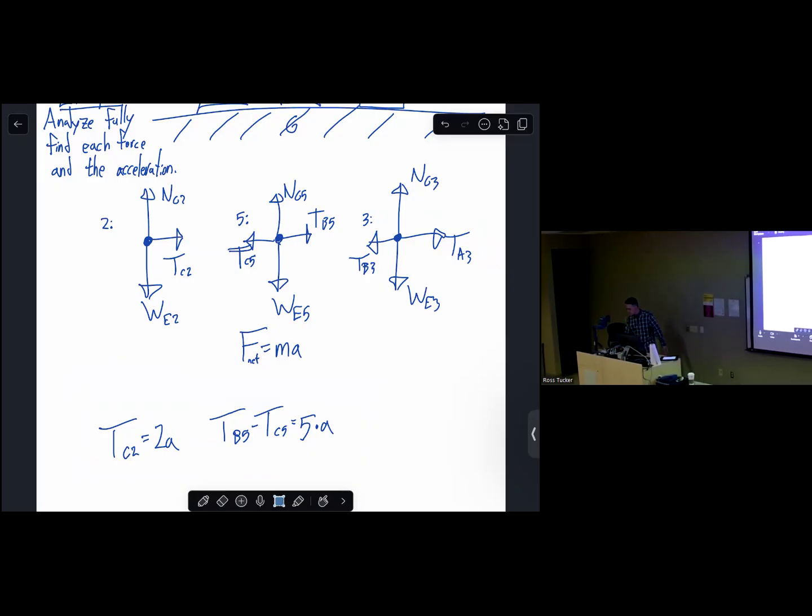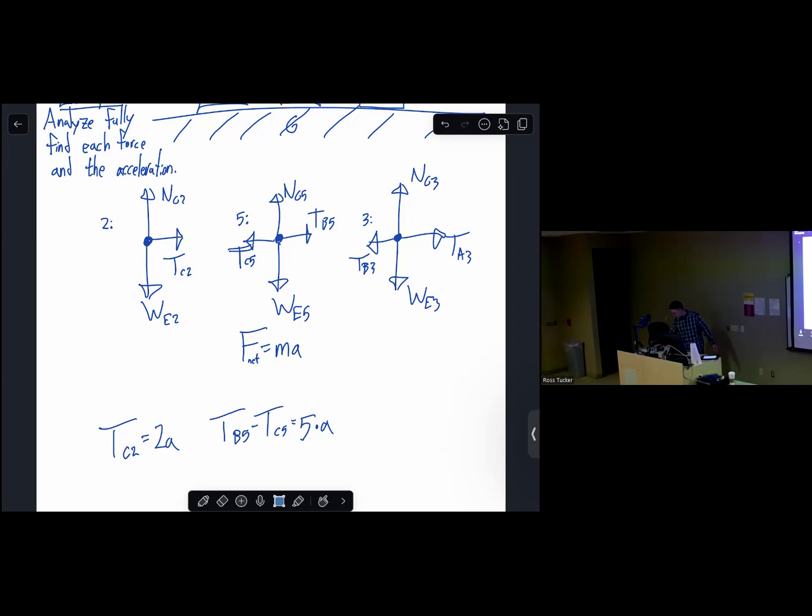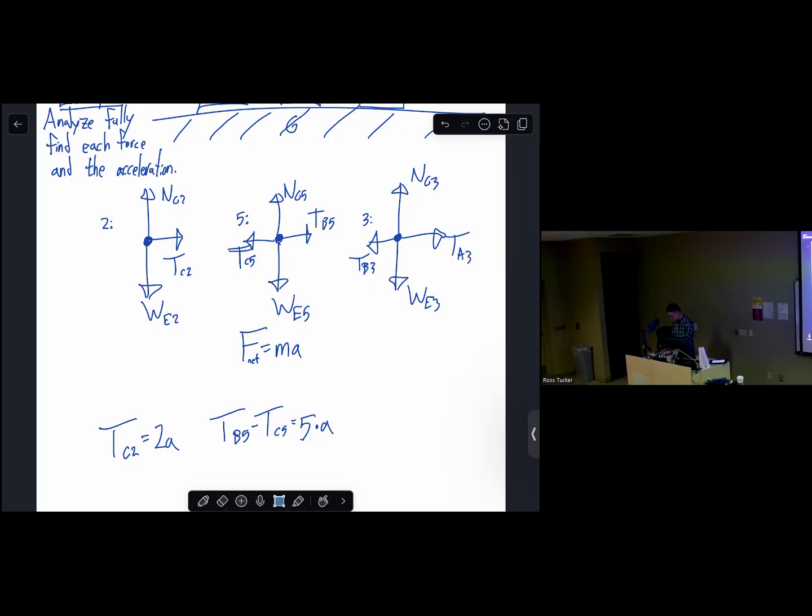This is Google form K. I'm looking for an equation now. There should be an equal sign in your answer.